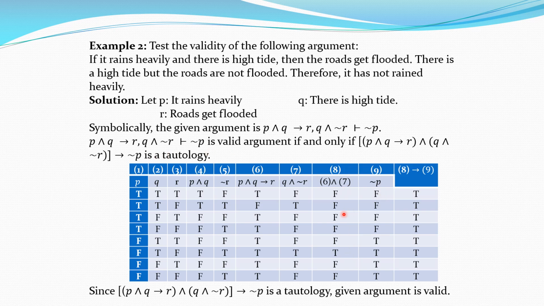Now in the last column we are getting all true values after preparing the truth table. It means it is a tautology, hence the given argument is valid.